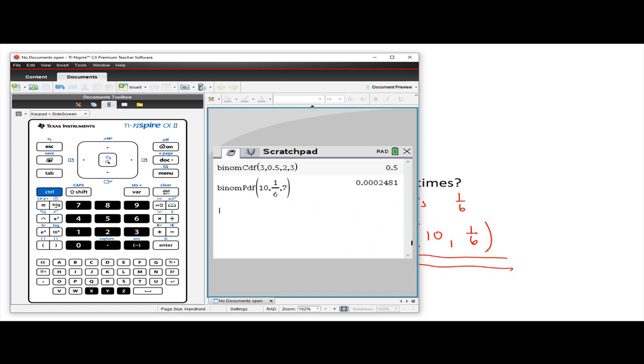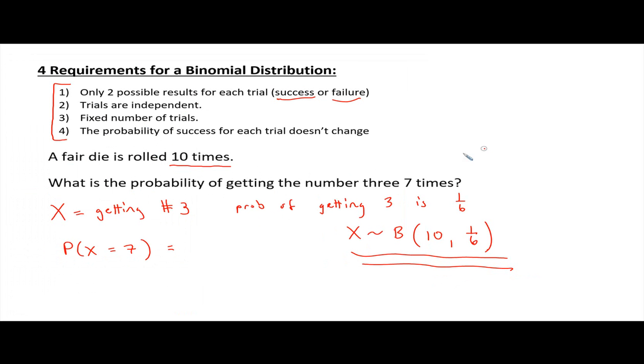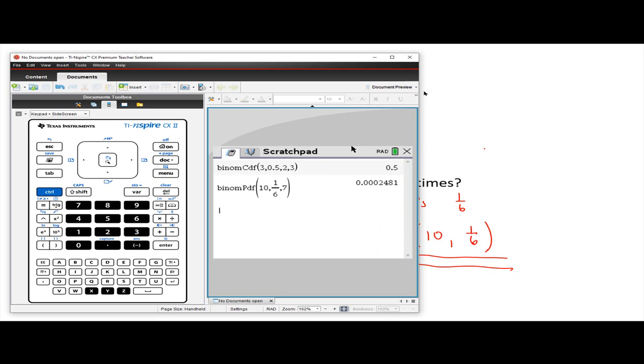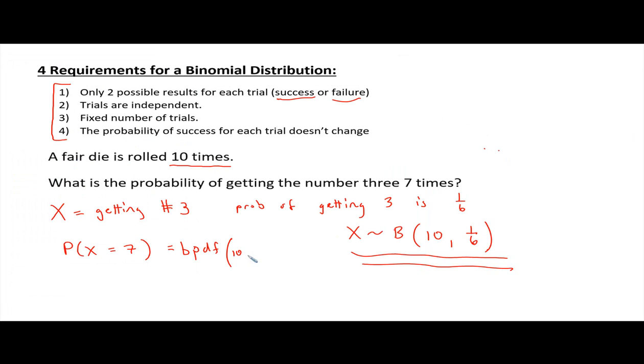Next, you want to make sure you always write what you put in the calculator. So we have binomial PDF, 10 trials, probability of success 1 out of 6, and X equals 7.